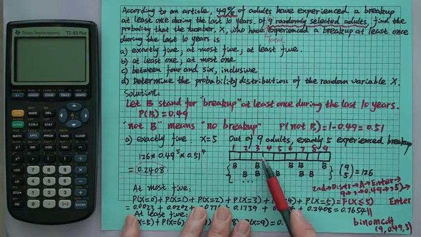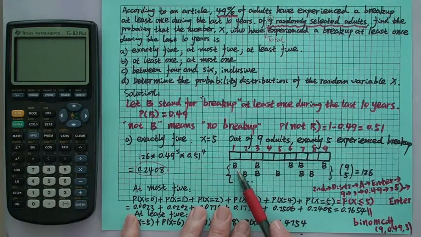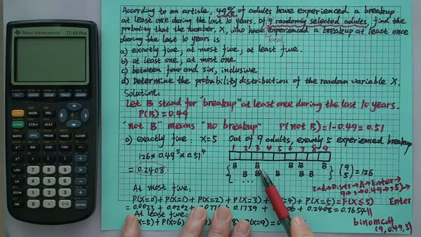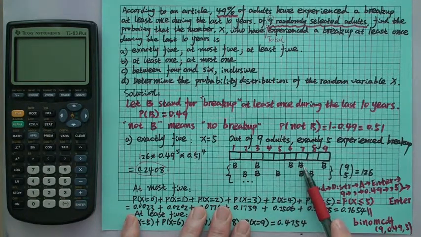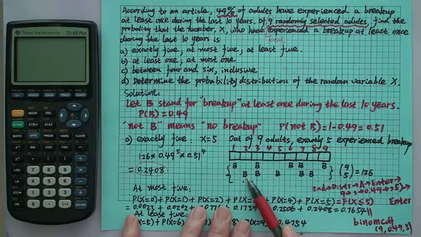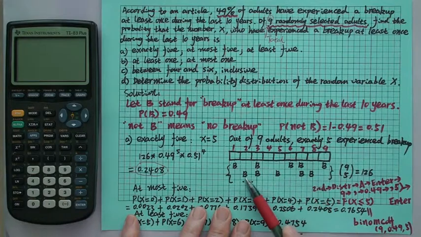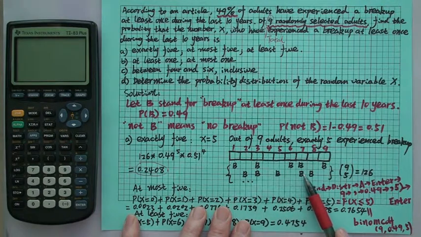Now we have 9 adults here, and exactly 5 could be the first one, third one, sixth one, seventh one, ninth one. That's one case. And it could be the second one, third one, fifth one, seventh one, eighth one. So another case could be these 5 people.